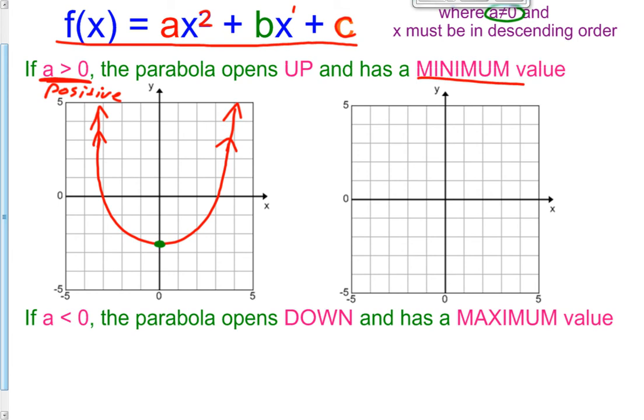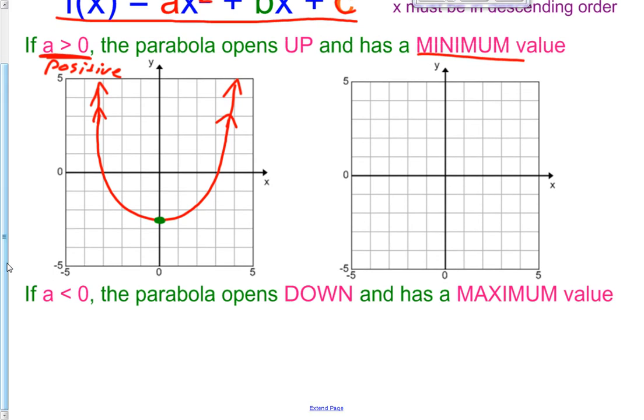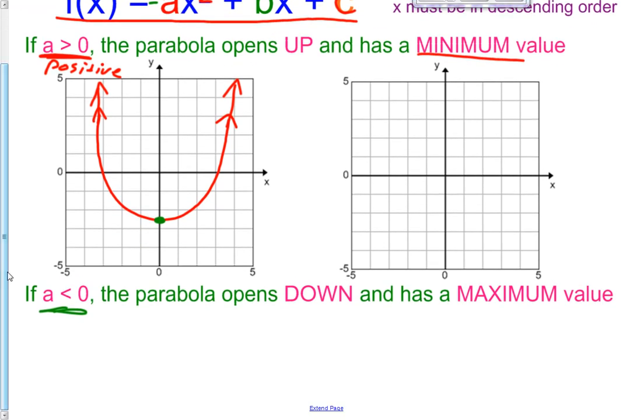Very similarly, but in the opposite way, if our a value is negative, if it's less than 0, then the parabola opens down and it has a maximum value. If this were a negative a value, it would look something like this. There's our parabola.